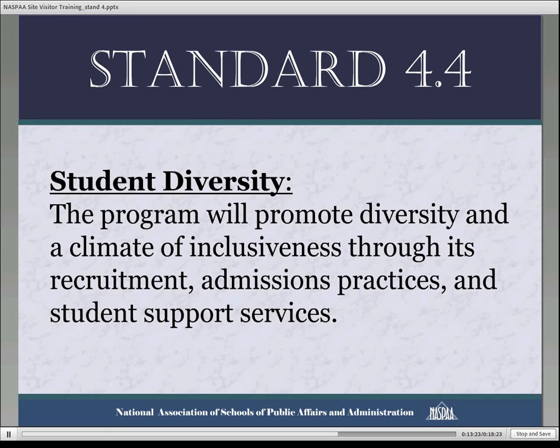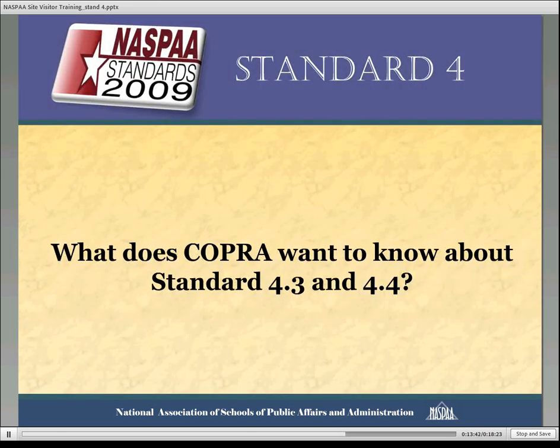What are they doing to retain those students and make them feel comfortable, to give them the support services that they need in order to be successful? And in every case, the emphasis as part of the overall nature of this standard is to what extent are all of these activities to promote diversity linked to their particular mission.